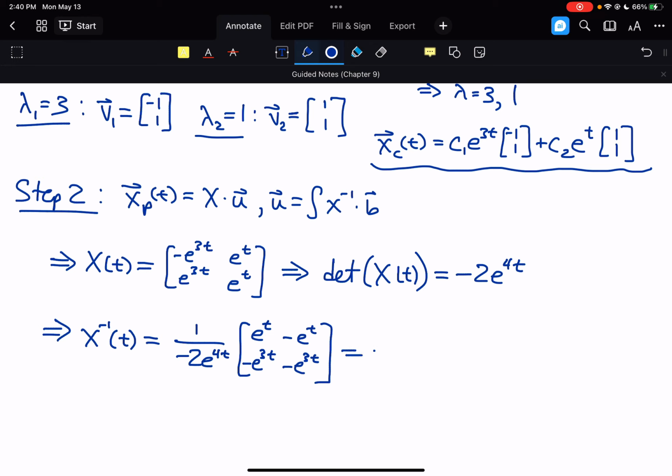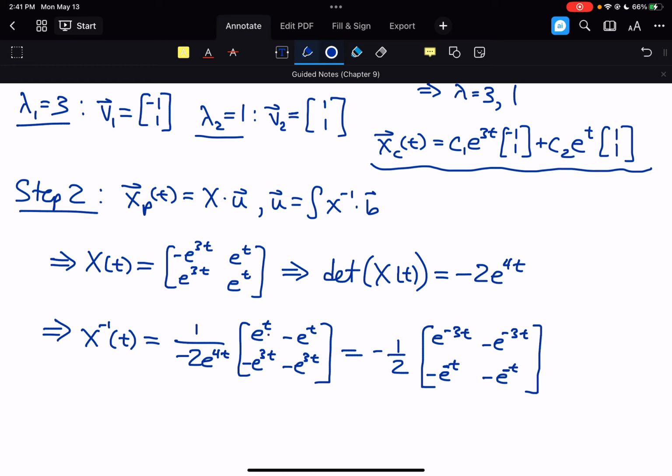I'll leave the negative 1/2 out here in the front, but if we bring in e^(4t), we can simplify this a little bit. So this is 1 over e^(4t). That's going to turn this into e^(-3t), negative e^(-3t), negative e^(-t), and e^(-t).